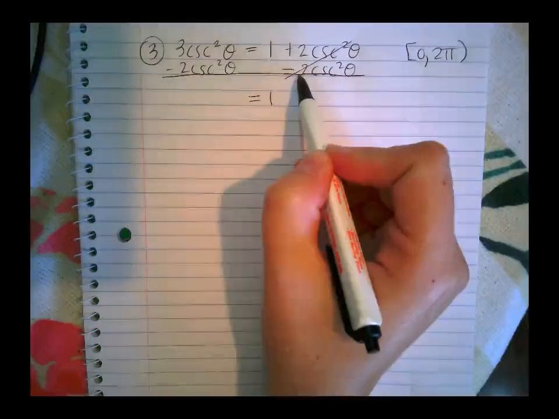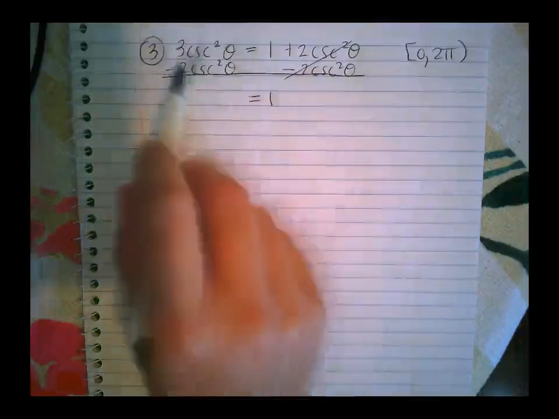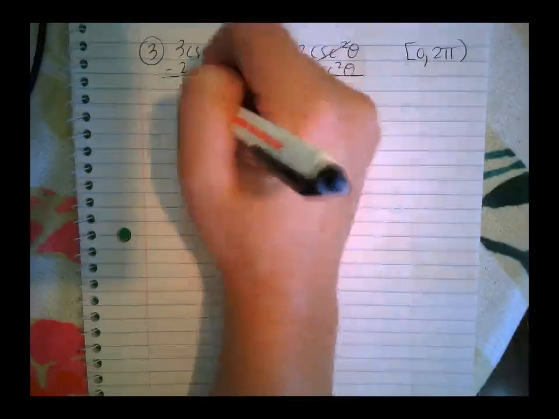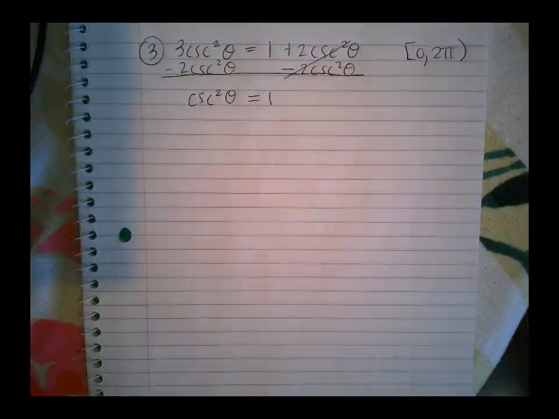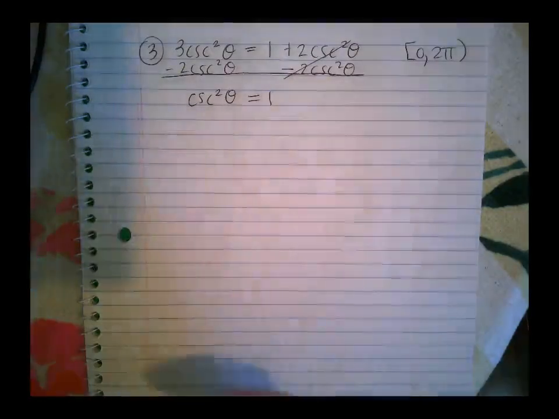So notice I'm subtracting and I am getting a 1 left over. If I have 3 of something and I take 2 of those things away, I only have 1 cosecant squared of theta left. So far, exactly how we would solve if it was sine, cosine, or tangent.